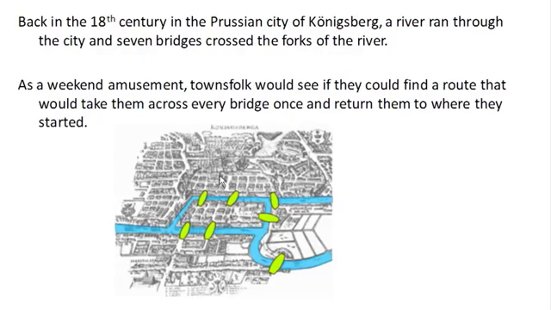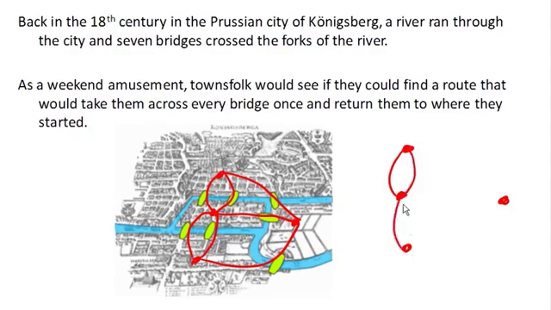And if you remember, we represented this as a graph by introducing a vertex for each of the land masses, and then an edge for each of the bridges that could be taken to walk from one land area to another. And so our graph ends up looking like this.